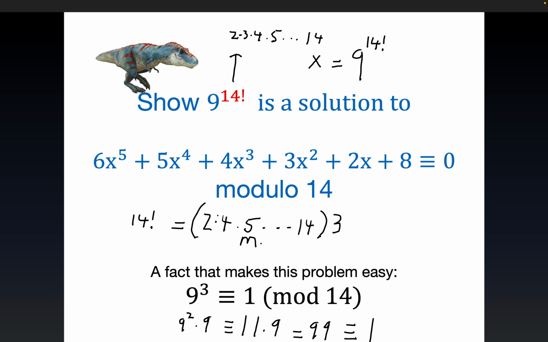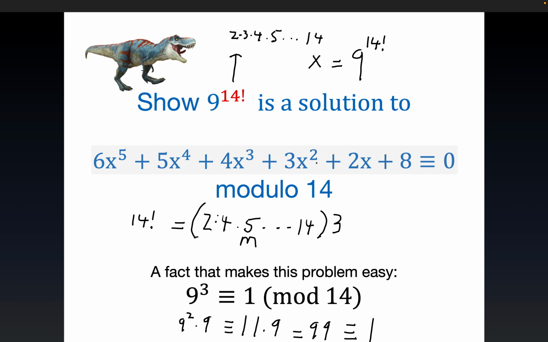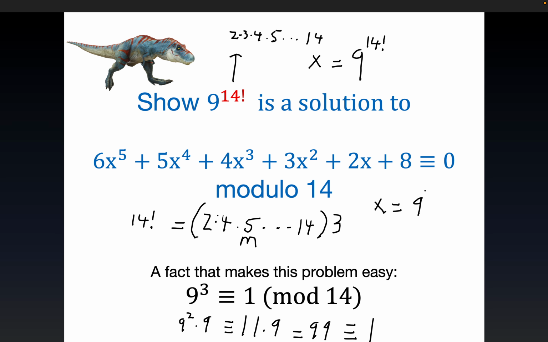And so what we get right here is that x is equal to 9 raised to the 14 factorial. You can see that that would just be the same thing as x equals 9 cubed raised to the m power, and this is just laws of exponents.